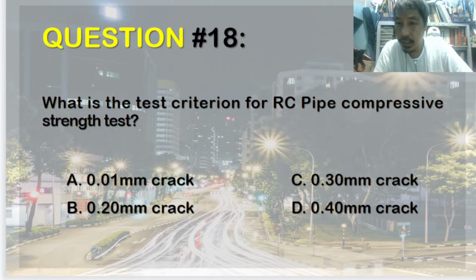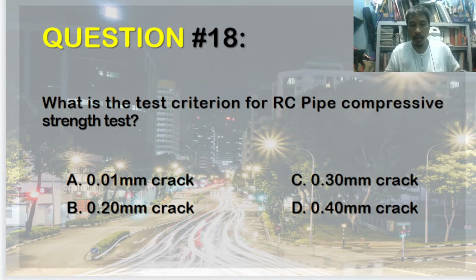What do you mean by RC? Reinforced concrete. So the test criterion for RC pipe compressive strength test, letter A, 0.01 mm crack, letter B, 0.2 mm crack, letter C, 0.3 mm crack, letter D, 0.4 mm crack.